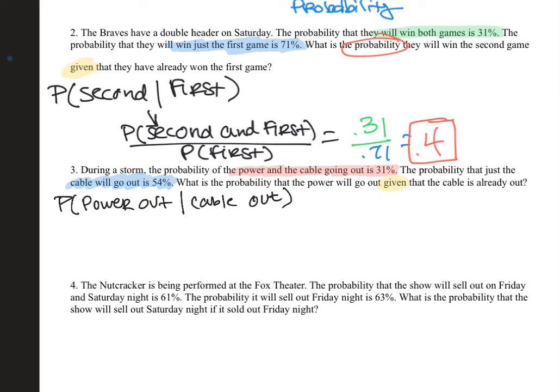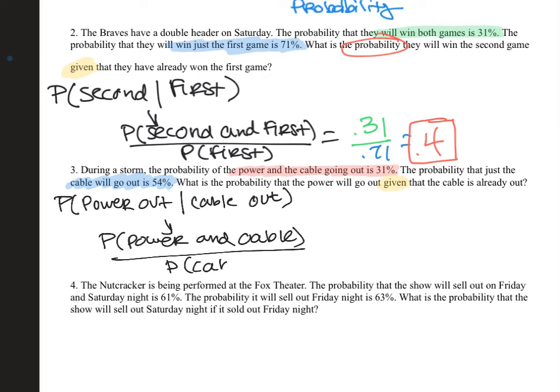Now, this formula is probability of power and cable divided by probability of cable. If you notice, this formula is exactly what I said in my question.